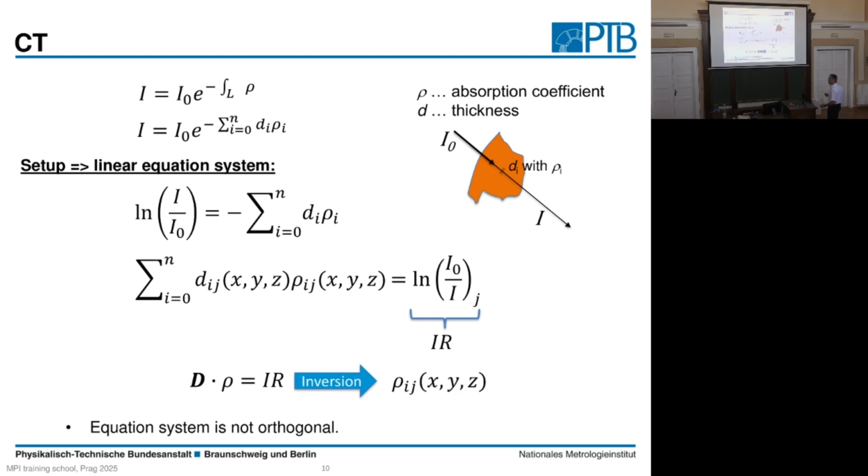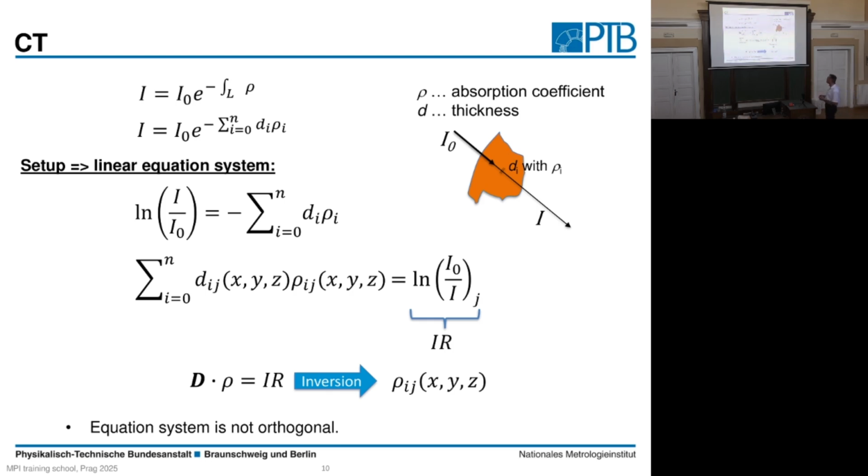I said we like to set up a linear equation system, and this exponential function is totally a no-go. It's the strongest non-linearity that we know. So we have to remove this somehow.